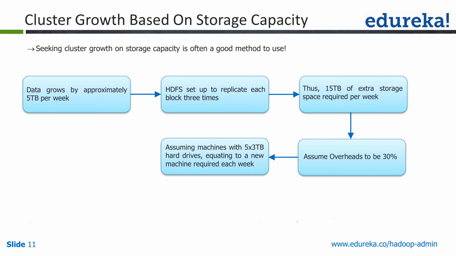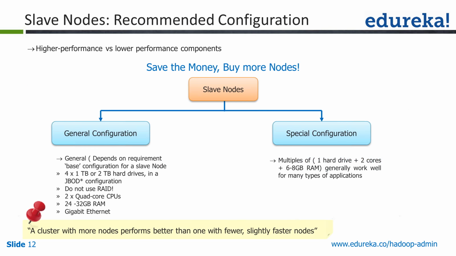Let's say your data is growing by 5 terabytes per week, and you are setting a replication factor of 3, which means 15 terabytes of extra storage space is required every week. If you have 5 hard disk drives, that is at least 3 terabytes per drive. So this is one important way to do it.